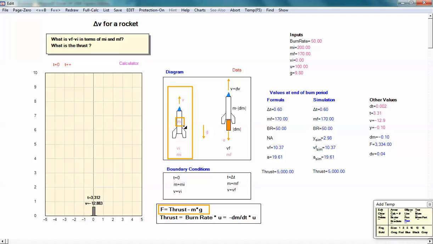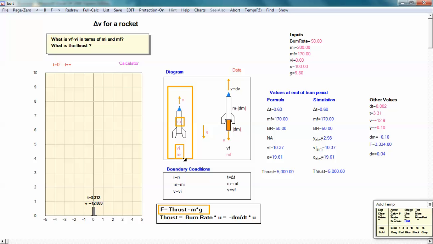The fuel is being burnt, so that m is changing over time. It's decreasing as the fuel is burnt. And some more terminology. VI will stand for initial velocity at the beginning of our interval of time, and MI will stand for our initial mass.